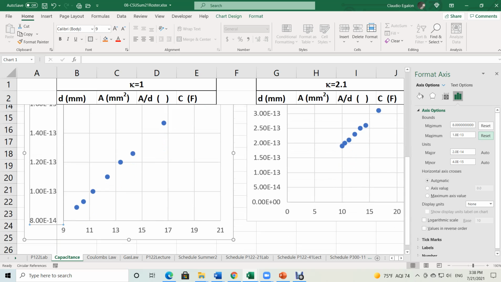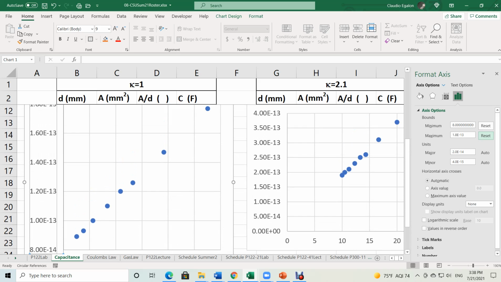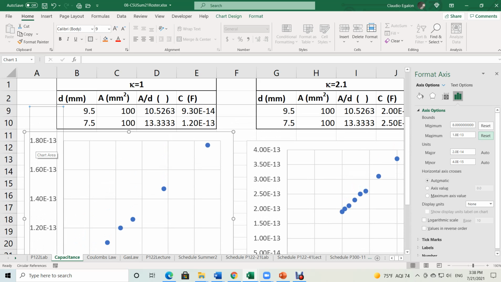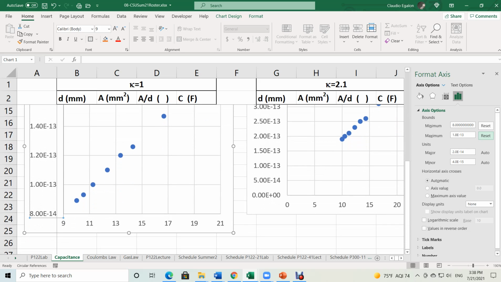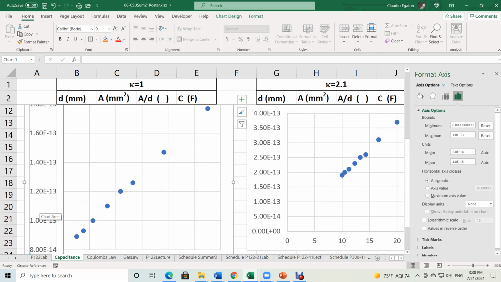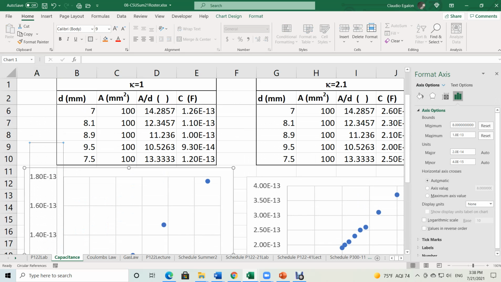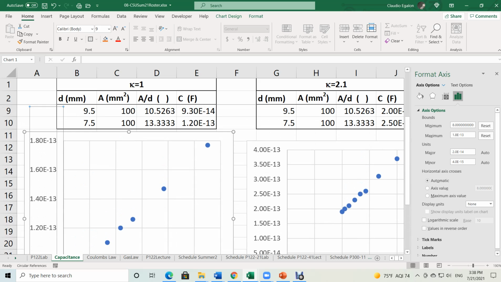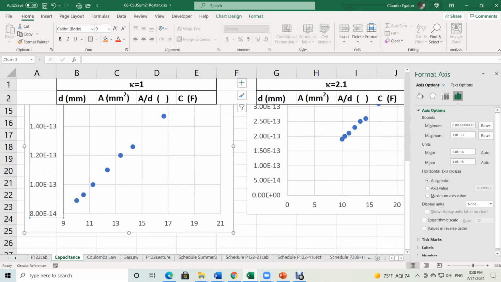Okay? Optimize the space. Put the labels here. You do not need to have all those zeros here. I want you to adjust as well. Figure out on your own how to do that, right? We don't need to put 2 decimal places here in the y-axis. Here too, you don't need to put 2 decimal places in the y-axis.